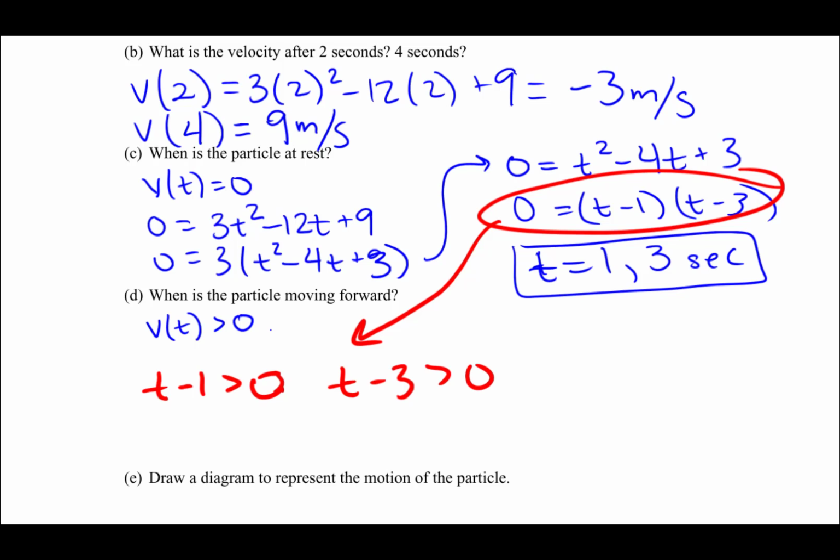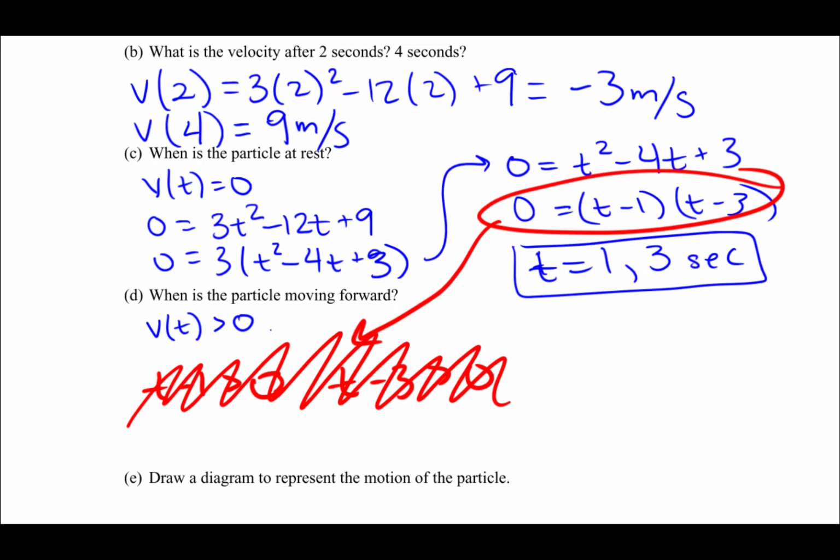But that would be wrong. We cannot do that because when we are multiplying something, if each of those factors was negative, that would also give us a positive result.